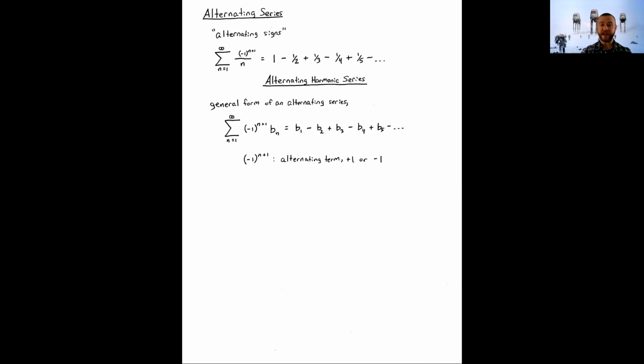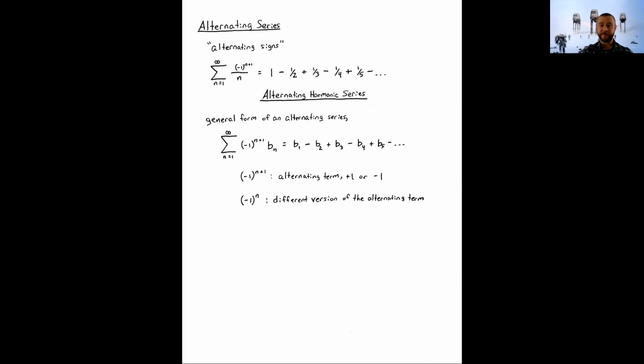Here, we have it as -1 to the n+1 power. Now, if you just think about what happens to that for different values of n, you're either taking an even power of -1 or an odd power. If you take an even power of -1, that'll become +1. And if you take an odd power of -1, that'll evaluate to -1.